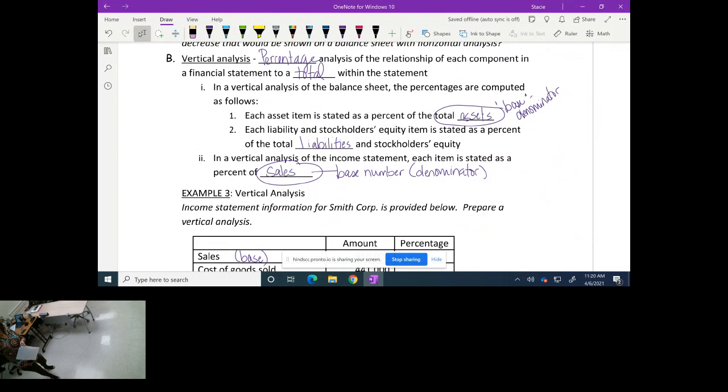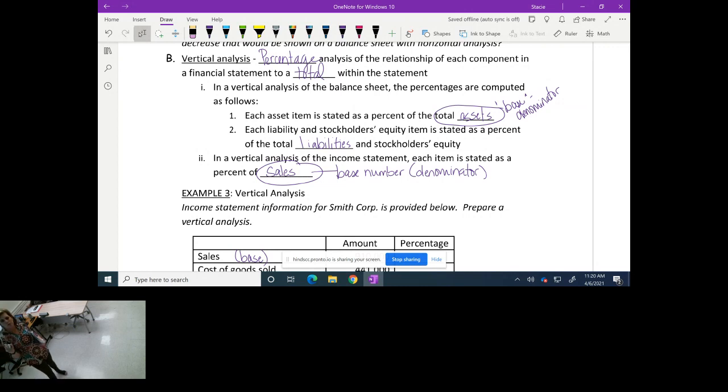So you would use total assets as your base, or your denominator, when you're dividing out. Liabilities and stockholders' equity would be stated as a percent of total liabilities and stockholders' equity. So that's the base you would use for a liability or an equity item. And for the income statement, each item is stated as a percentage of sales.